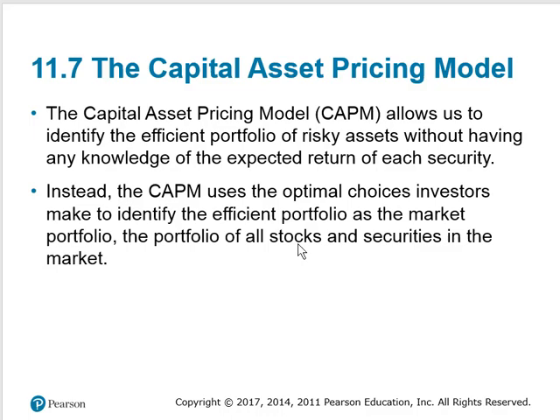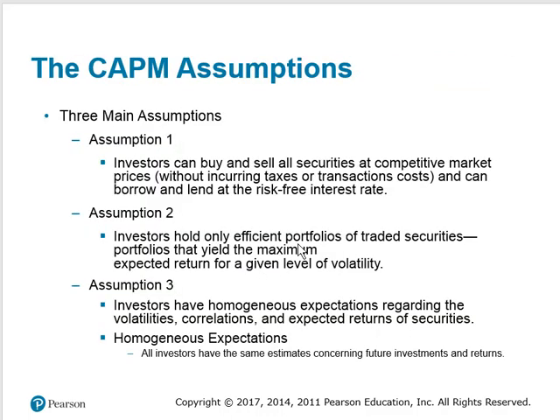It really looks at this problem backwards. It doesn't look at a set and call that an efficient portfolio. It looks at what people choose, and then from those choices, it identifies an efficient portfolio. So the capital asset pricing model is a theory that tries to describe the risk and return of assets.